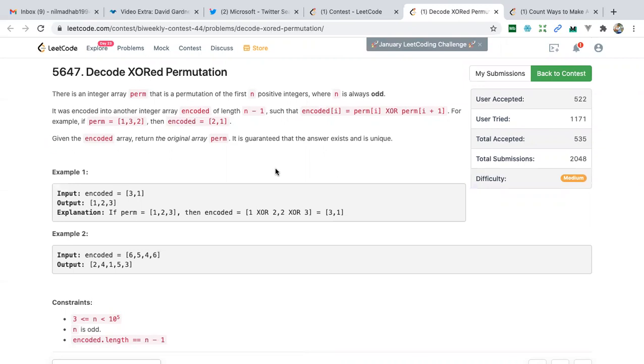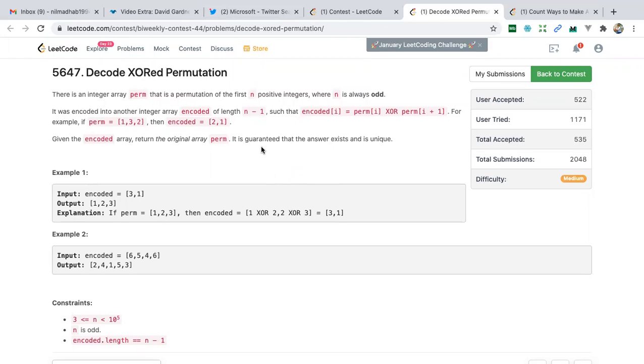And for that, how we have encoded it: for the ith element, the encoded array will be the original array's ith position XOR the original array's i+1 position.